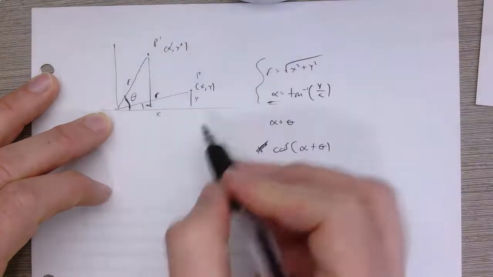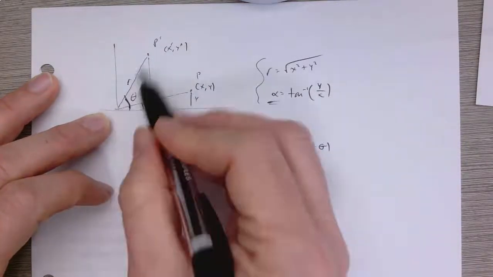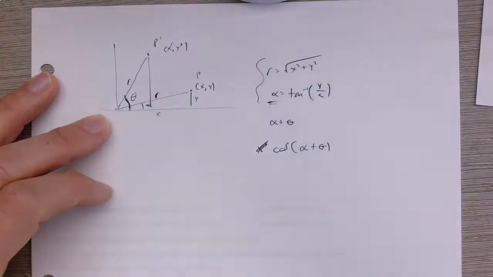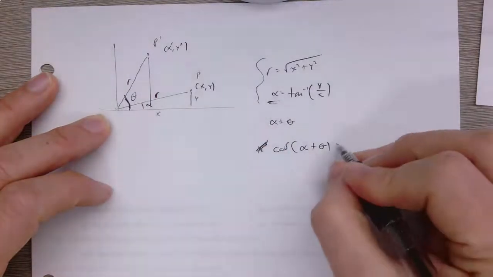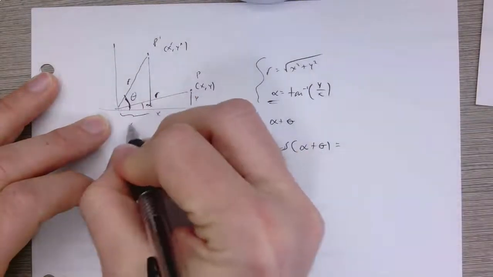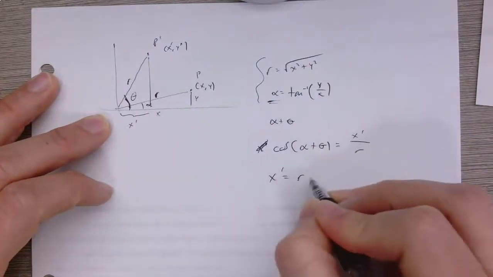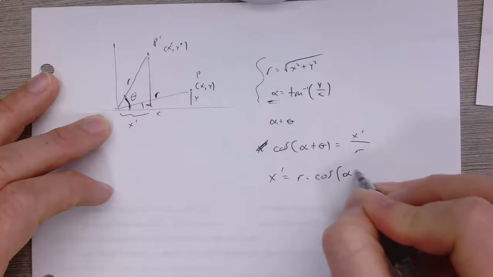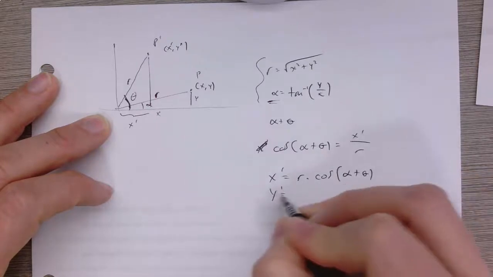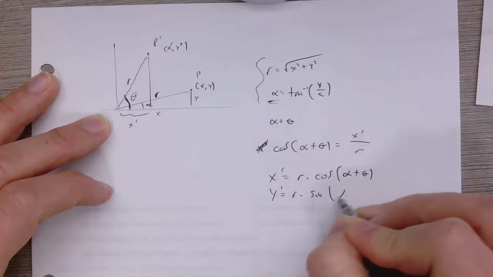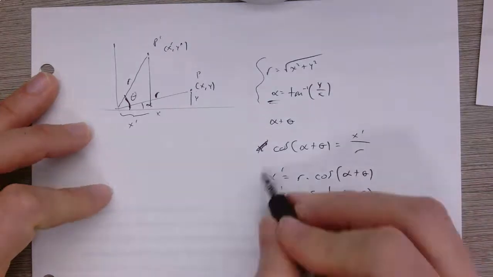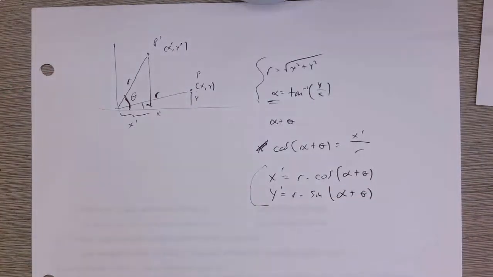But this is still the same radius because we rotated the point, so the hypotenuse distance shouldn't have changed. So that should be x prime over r. Therefore, x prime is r times cosine of alpha plus theta. And similarly, y prime is r times sine of alpha plus theta. So that's all Algebra 2 trig, pre-calc kinds of stuff, and that would work just fine.